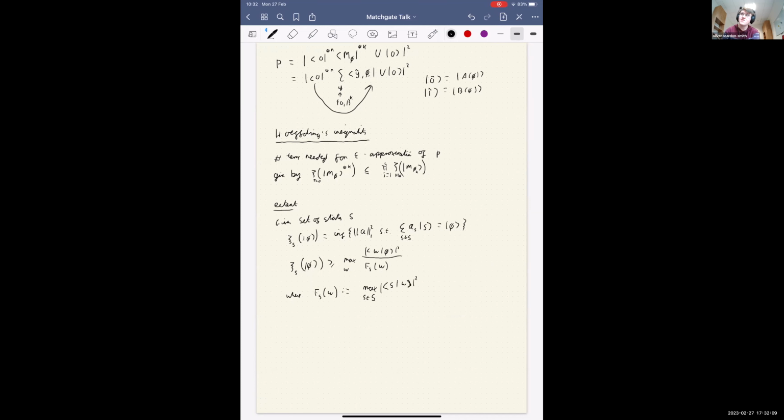Okay, so essentially proving something about the fidelity tells you some things about the extent.